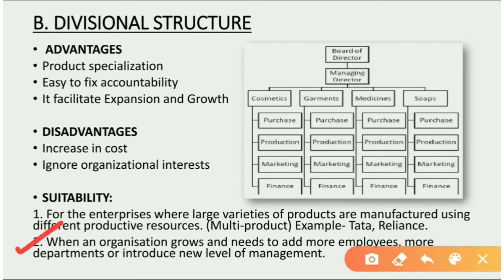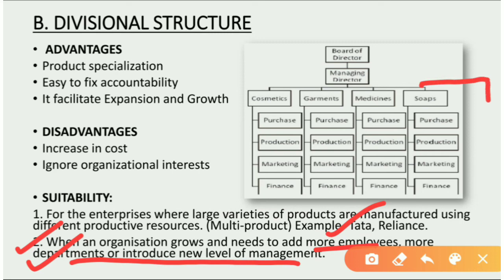Now, coming to the next: when an organization grows and needs to add more employees, more departments, or introduce a new level of management. See, if an organization is very big, definitely it will grow, students. And if it grows, then the employees will increase, they will add more employees, more departments will be formed if they want to increase the product line, or if they want to introduce one more department, so definitely employees will increase, departments will increase.